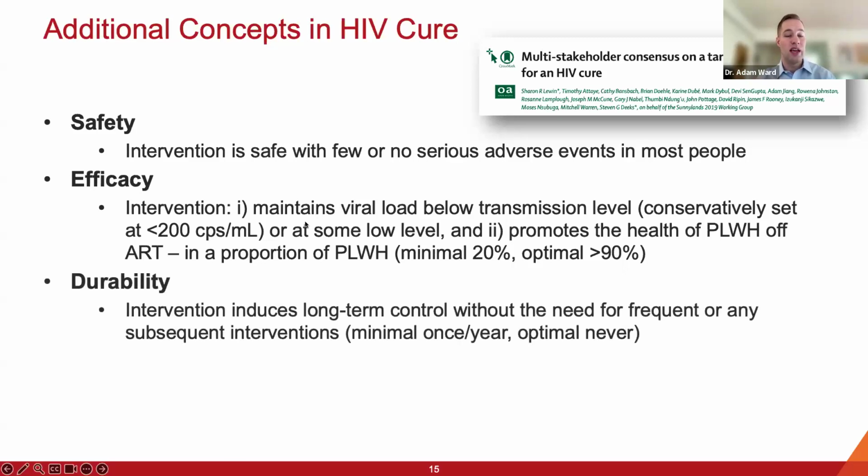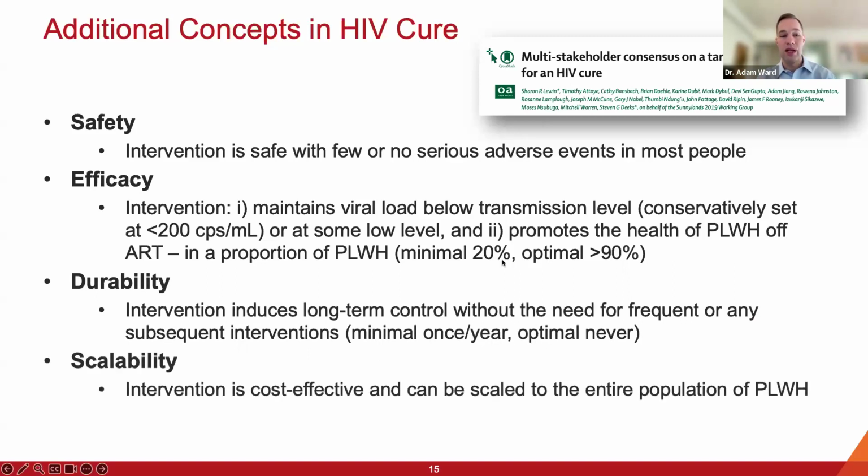Durability. So does the intervention induce long-term control without the need for frequent or for any subsequent interventions? And so the minimal acceptable criteria from this target product profile was once per year, so an intervention given once per year. And the optimal intervention would be an intervention that's only given once, and then you never need another intervention.